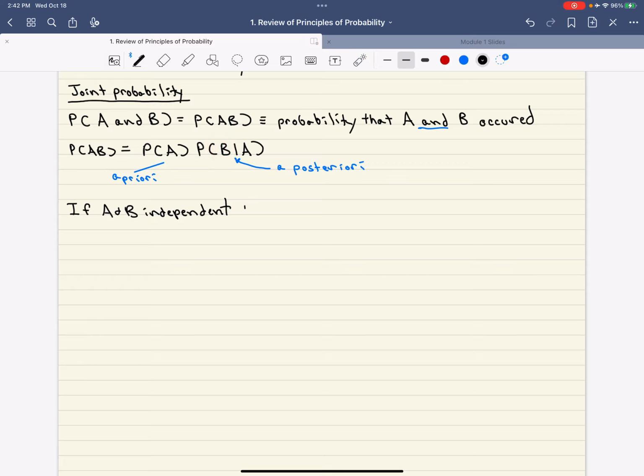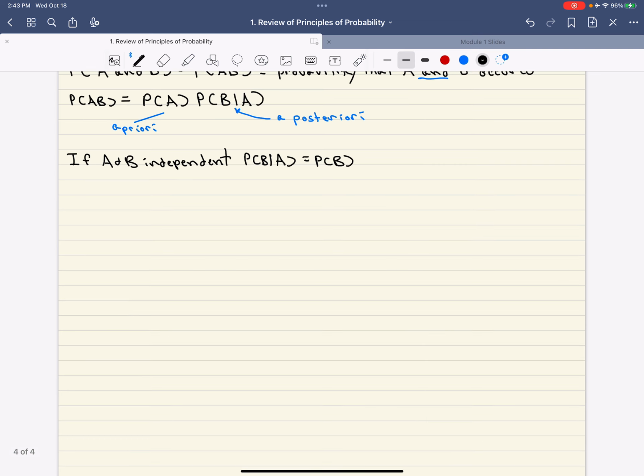So then P(B|A) would just be equal to the probability of B. That's what happens in the case that things are independent. When we're rolling dice and looking at the outcomes of different rolls, those would be independent events. But now let's consider a case where the B outcome is not independent of the A outcome.